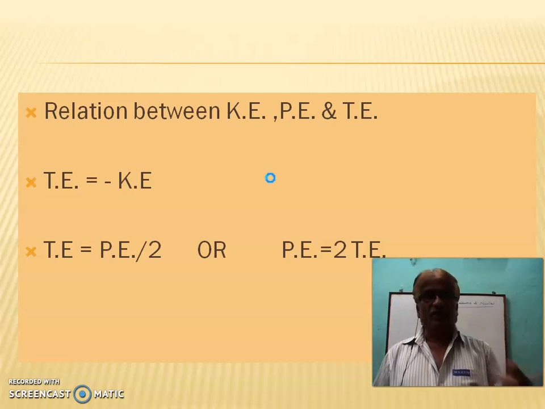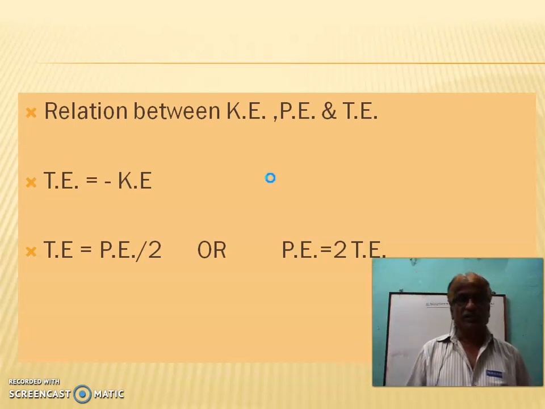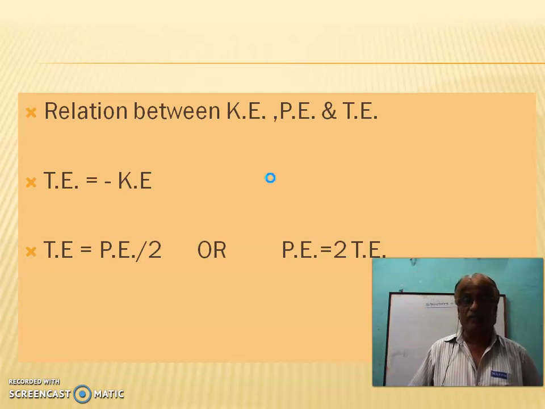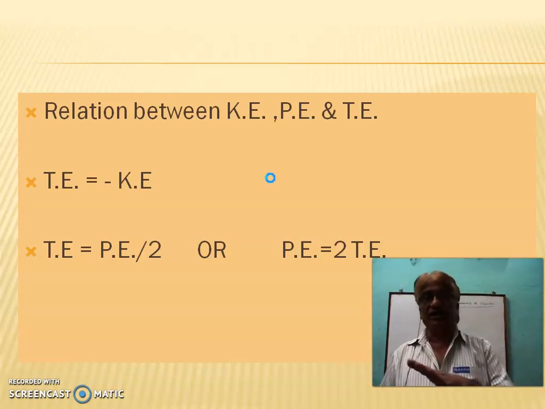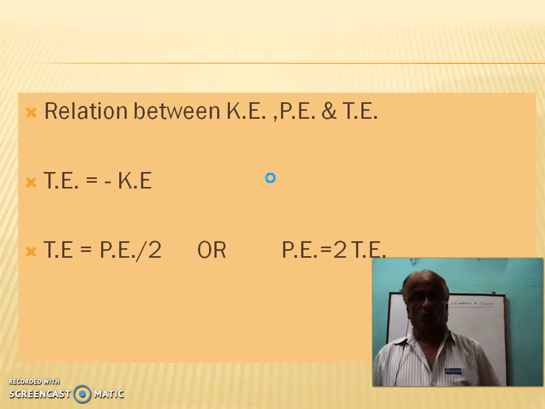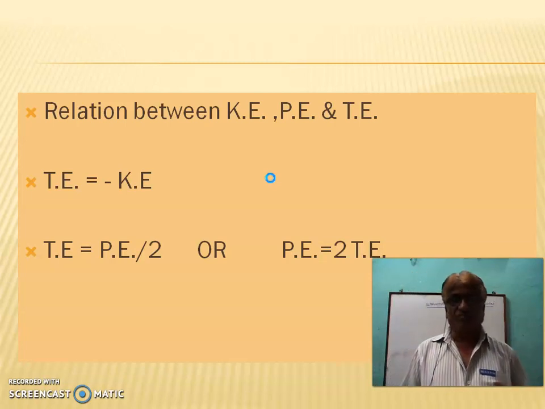If we multiply 2 and 4, then minus minus negative will be positive, and so total energy equals half of potential energy, or potential energy equals 2 times total energy. Why do we need to see this relation?